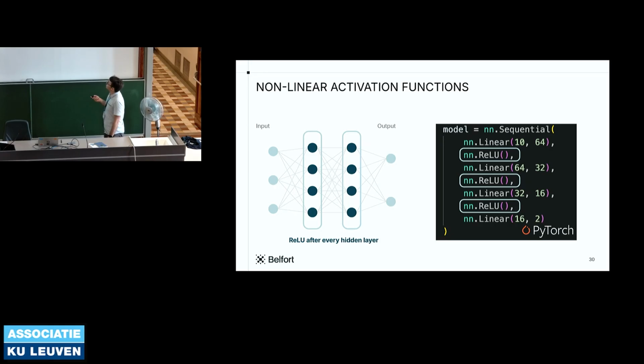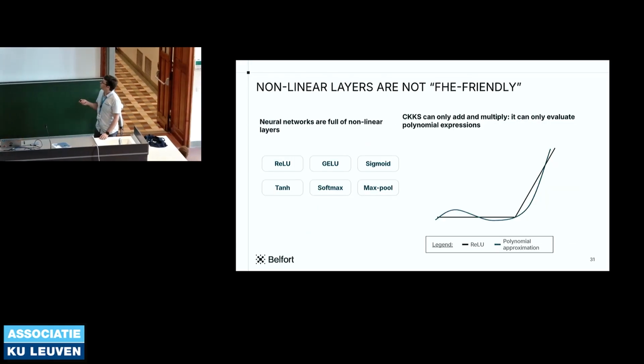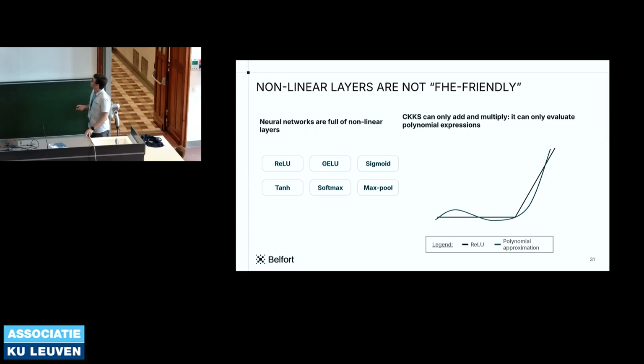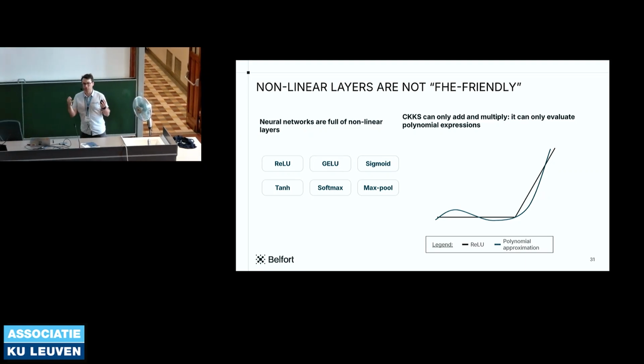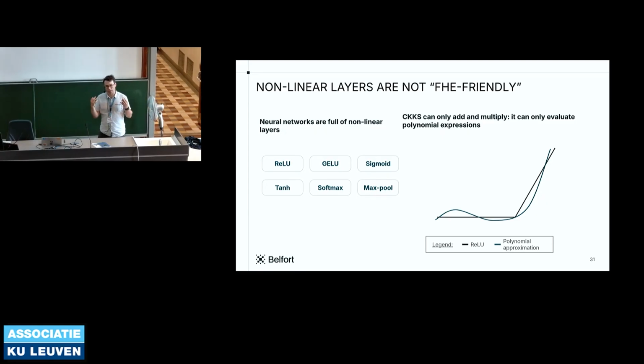So let's first talk about what we're going to do with these activation functions, because by definition, they are nonlinear. Here you have a few examples of activation functions. For example, this one, which is 0 until 0, and then it's x. So it's the maximum between 0 and x, right? It's this straight line here. That's the ReLU function. But if I get my value in my vector and I want to apply ReLU to it, then I cannot do this, right?